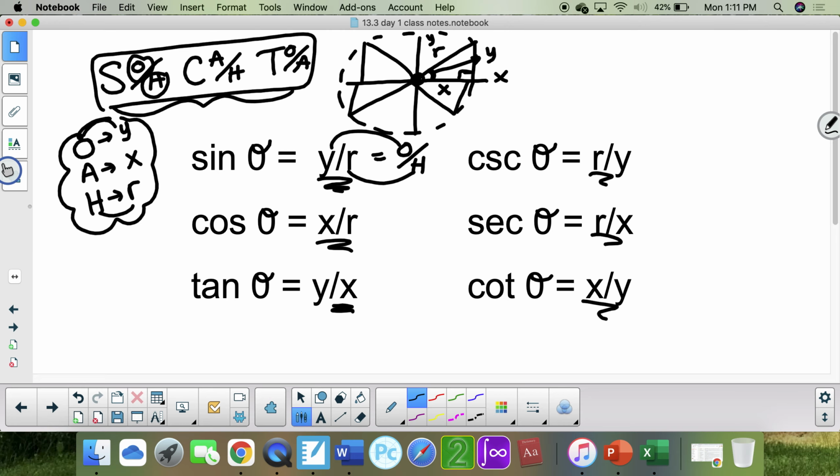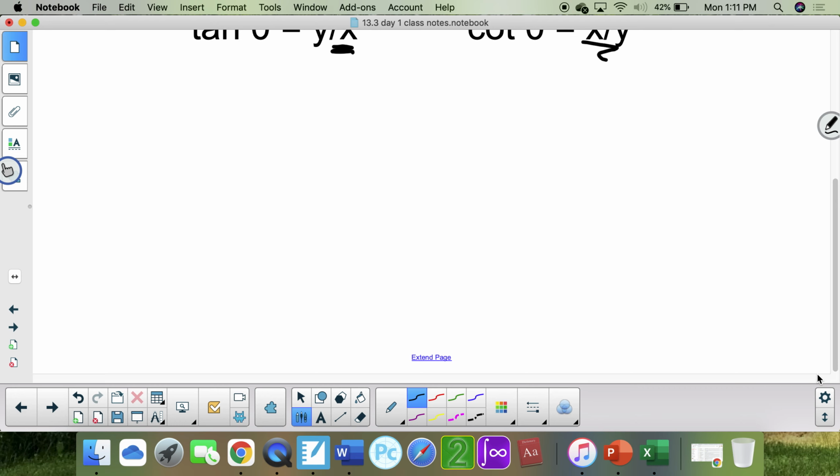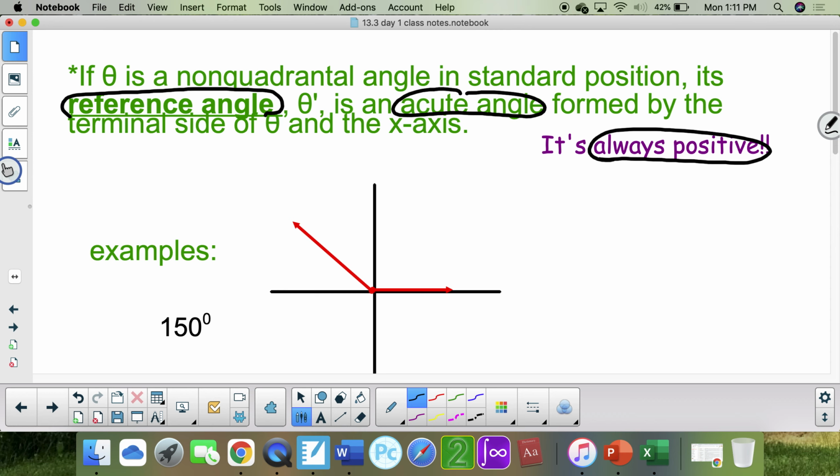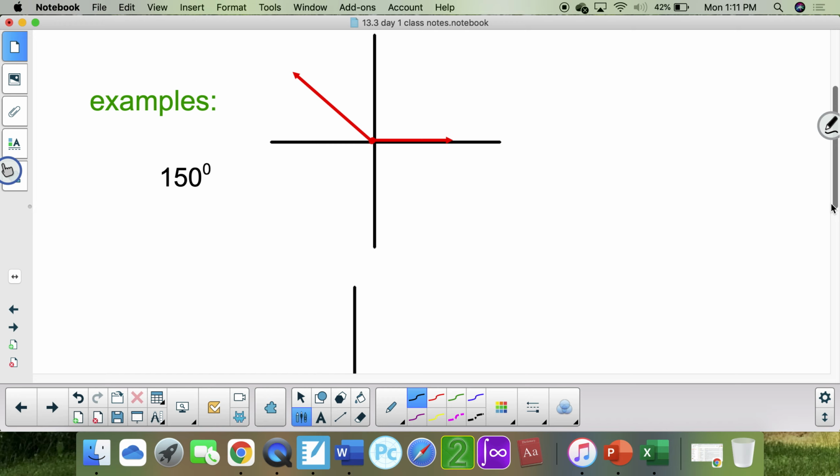Okay, next part. How to draw your angle. So for 150 degrees, we have to find the reference angle. How do you find the reference angle? The reference angle is always positive, and it's always an acute angle, which means less than 90 degrees. So, for example, if I asked you to find 150 degrees, I draw the 150 degrees to that quadrant.